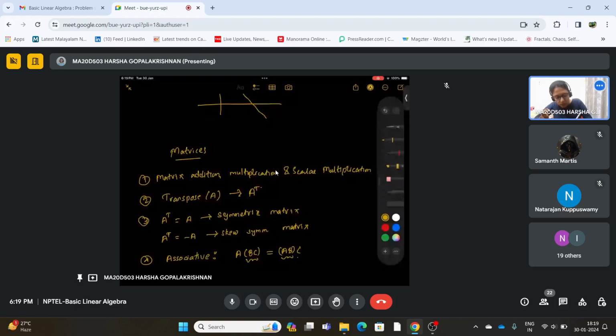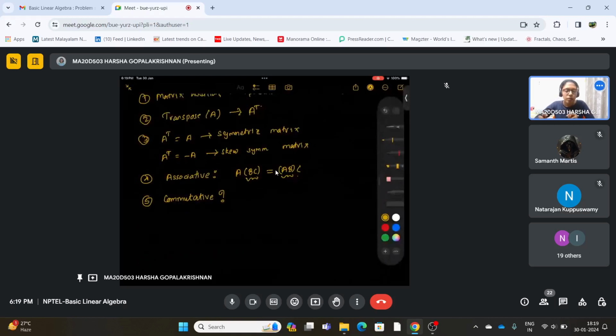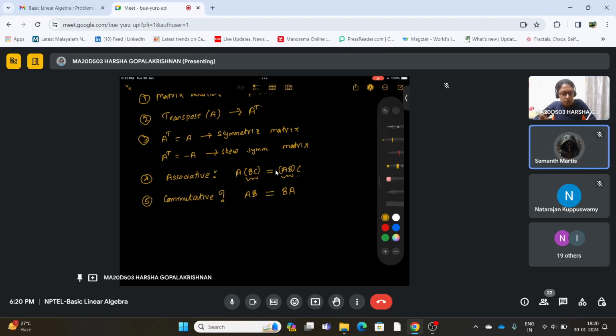Now, is matrix multiplication commutative? What does commutative mean? AB and BA, whether they are equal or not. They are not equal. So this is not commutative.